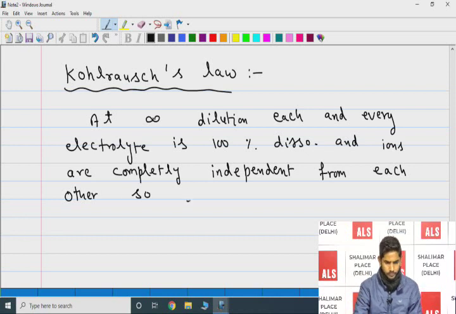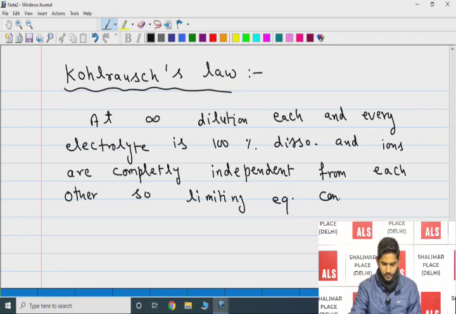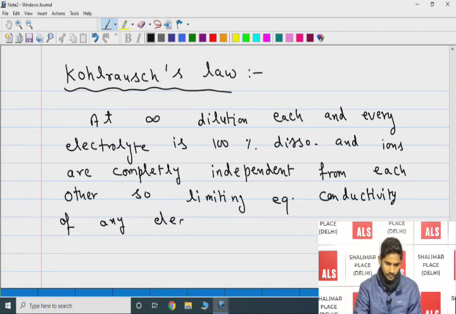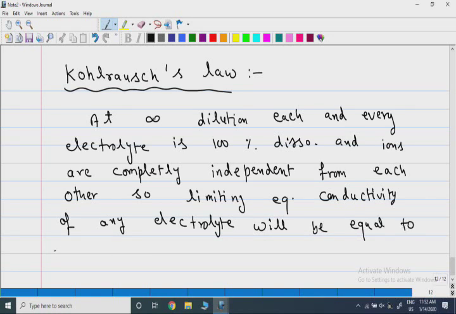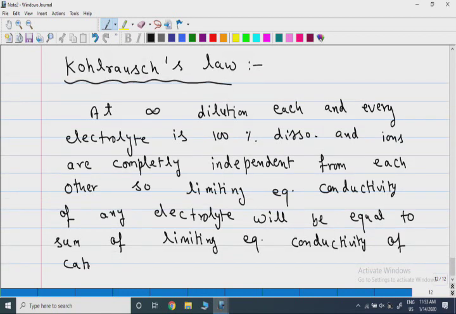So, the limiting equivalent conductivity of any electrolyte will be equal to the sum of the limiting equivalent conductivities of cation and anion.